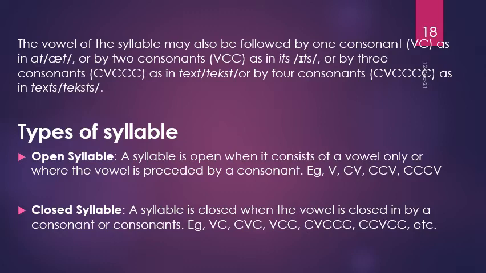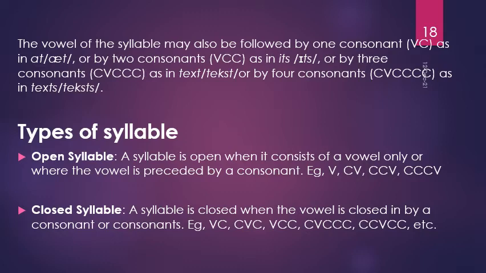A syllable is closed when the vowel is closed in by a consonant or consonants. Example, we have VC, CVC, VCC, CVCCC, CCVC, and so on.